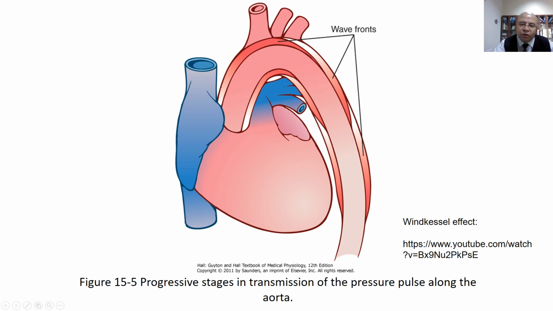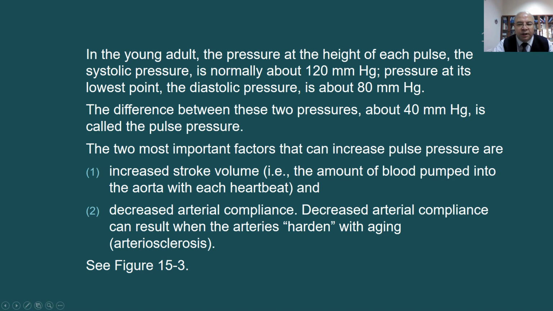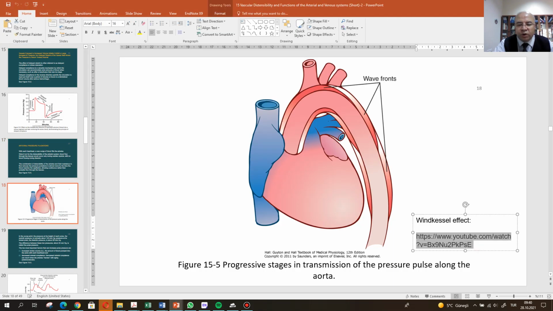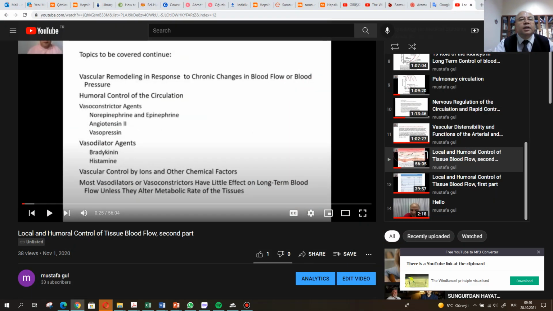So the blood will flow smoothly in the periphery instead of in a pulsatile style. Okay, this is called the Windkessel effect, and you can watch here a video regarding this situation. Let's watch it if we can.